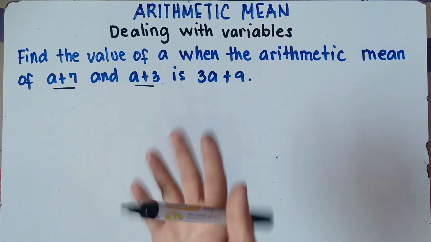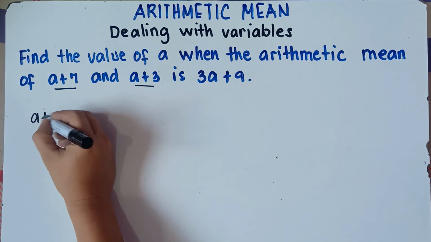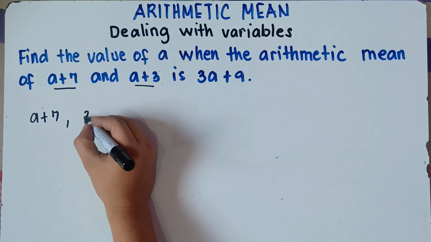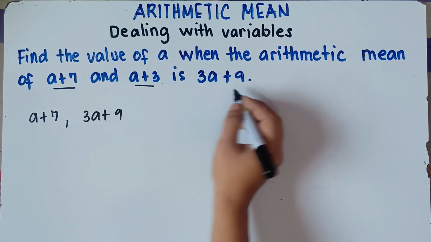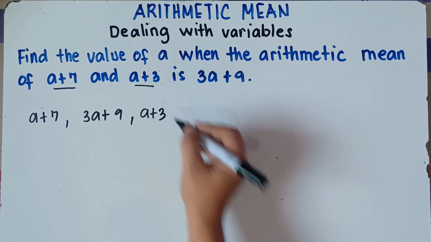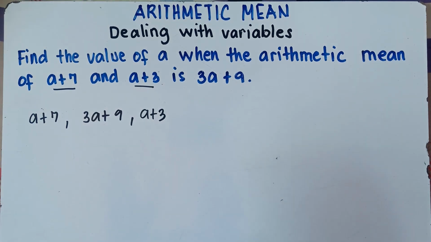So you can write this as a plus 7, the first term, and their average, 3a plus 9, is the middle term, the second term, and then the last term is a plus 3.